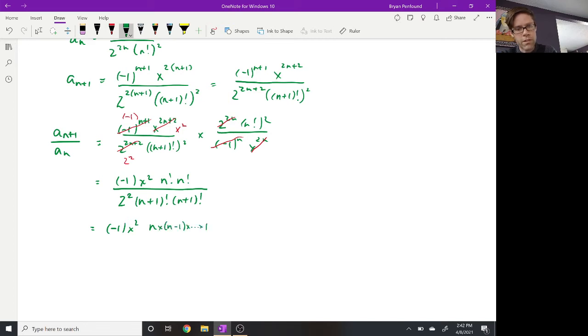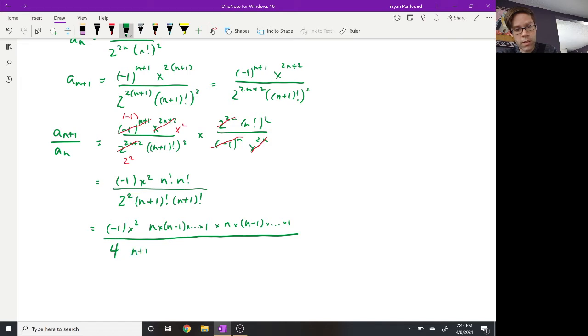Here's my first n factorial, and here's my second n factorial. Okay, 2 squared is 4. And now I'm going to have to expand these n plus 1 factorials as well.